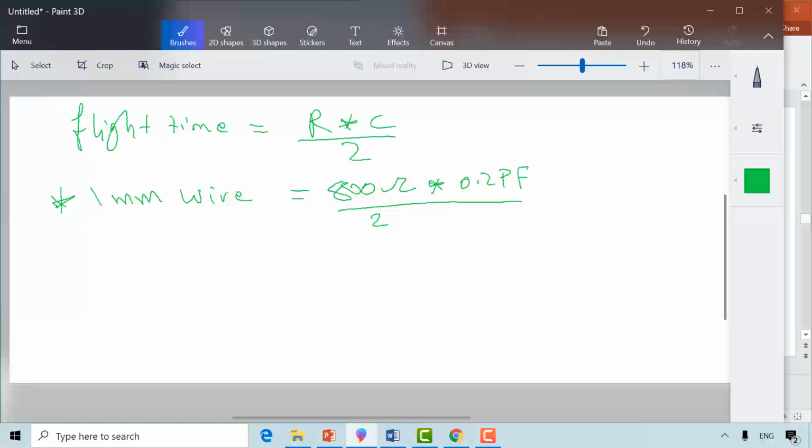This is direct substitution of the formulas. If you do the math, this comes to 80 picosecond.